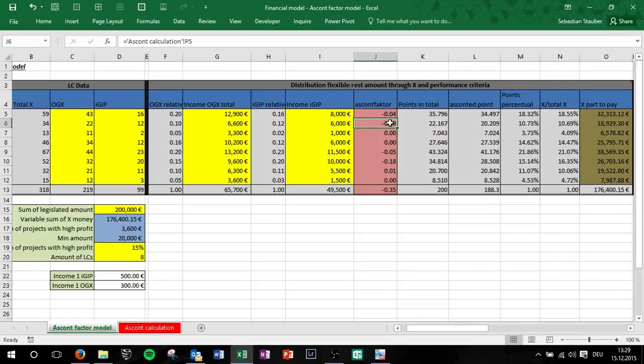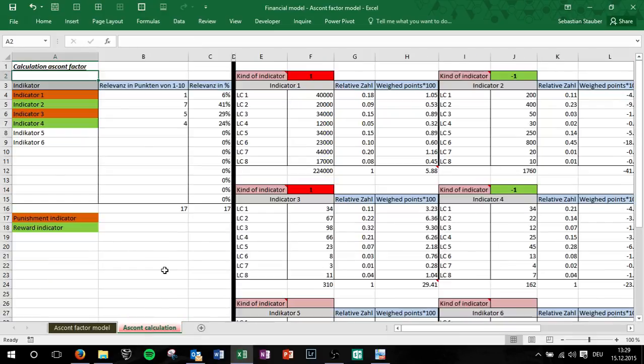What the hell is this Ascount factor or discount factor? It depends. Let's switch to this workbook here. The power of the Ascount factor is what kind of indicators or variables you want to use in your model.